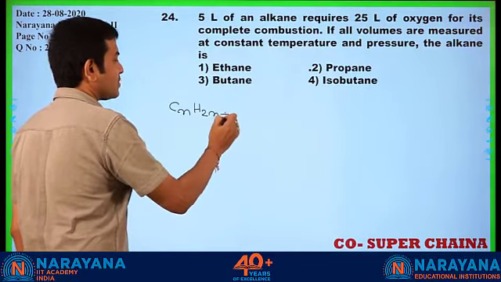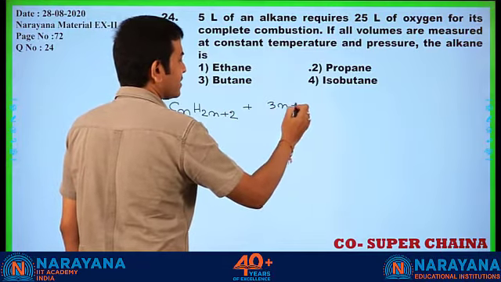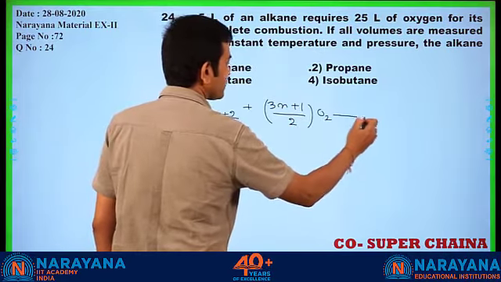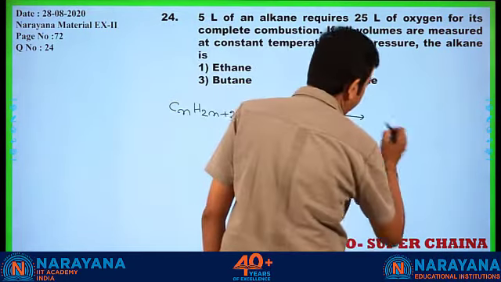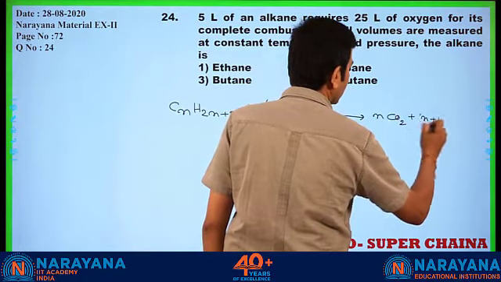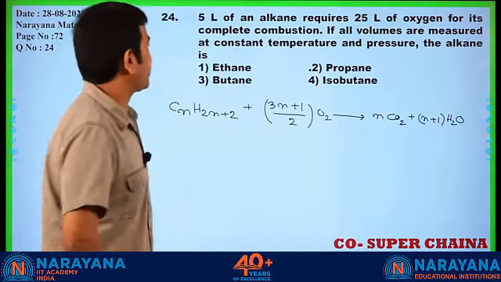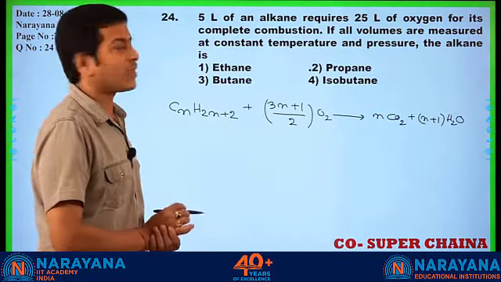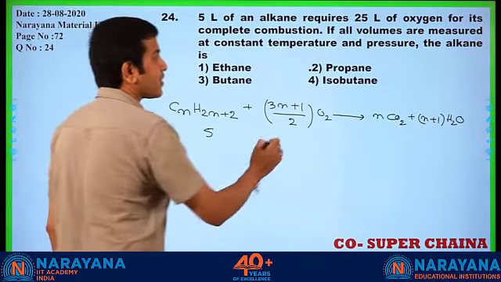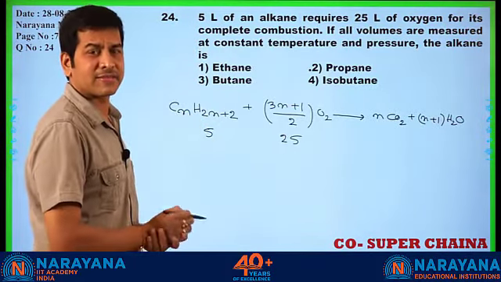CnH2n+2, that is alkane, plus (3n+1)/2 moles of O2 gives n moles of CO2 plus (n+1) moles of H2O. That is the general combustion reaction of alkane. Here 5 liters of alkane requires 25 liters of oxygen.